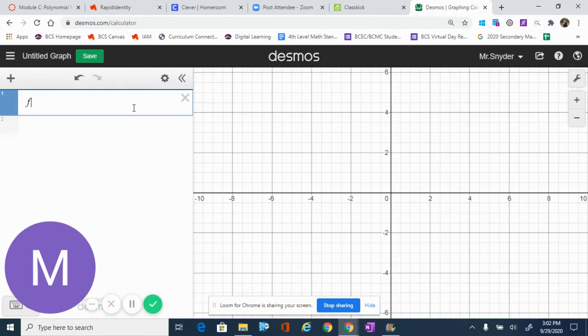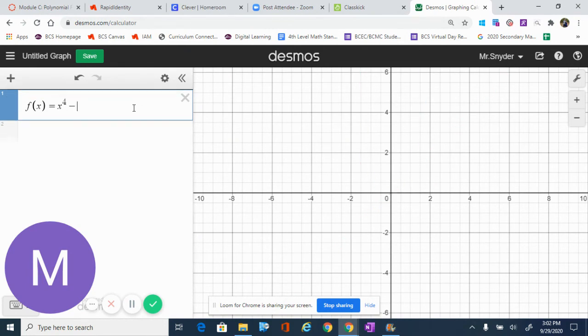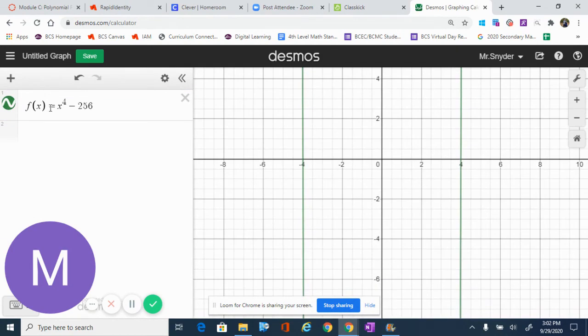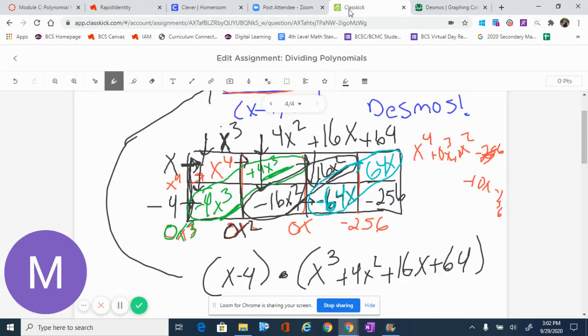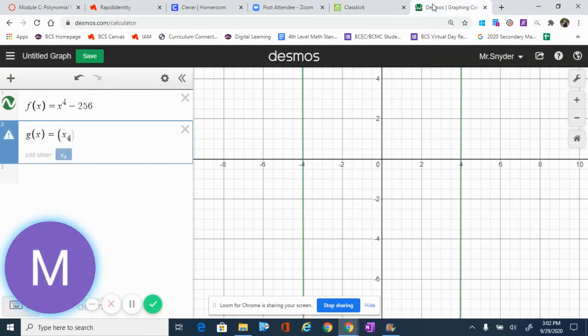We're going to put in f of x equals x to the fourth minus 256. So we're going to see this quartic right there. And then I'm going to bring in the answers to make sure that everything overlaps correctly. So I'm going to put in the first piece of information, which is x minus 4. If we've done this correctly, x minus 4 times our answer should in fact give us the same exact graph.